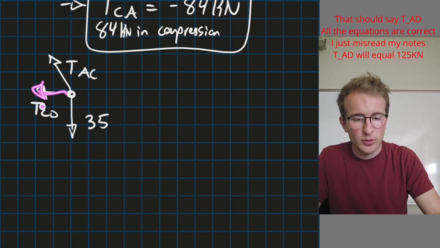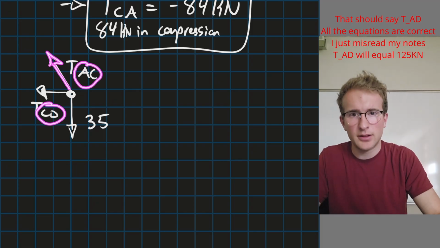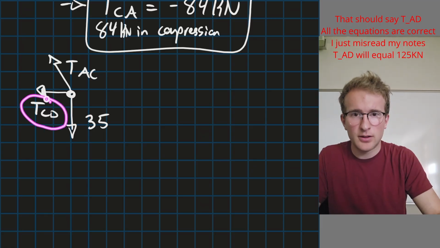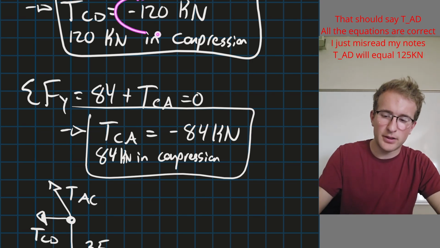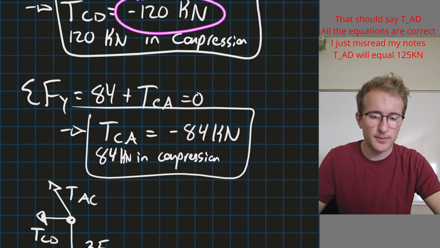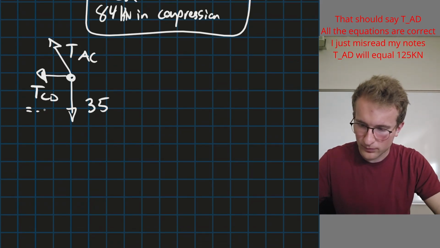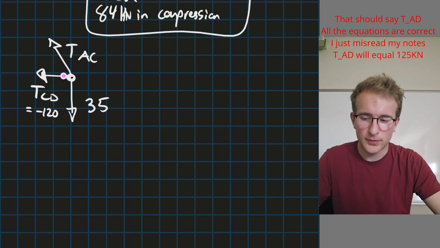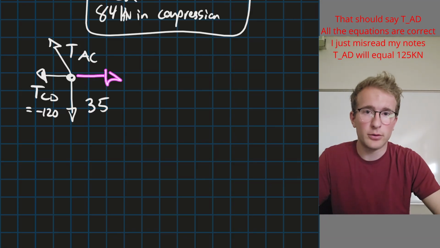What causes this tension? Well, it's bar CD. What causes this tension? Well, it's bar AC. We previously found the tension in bar CD. We found it to be negative 120. So it's minus 120 in this direction, or also just 120 in the rightward direction.